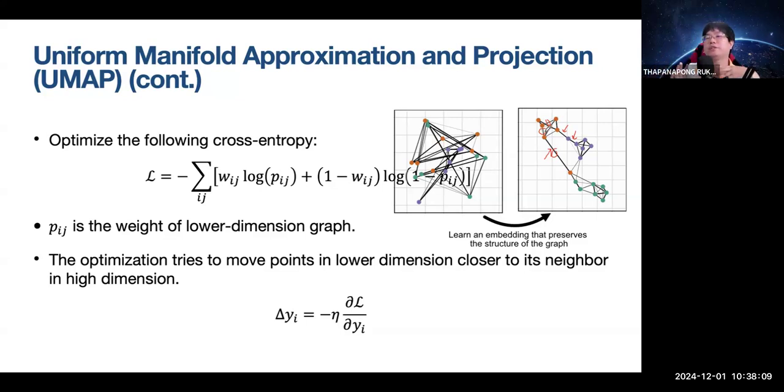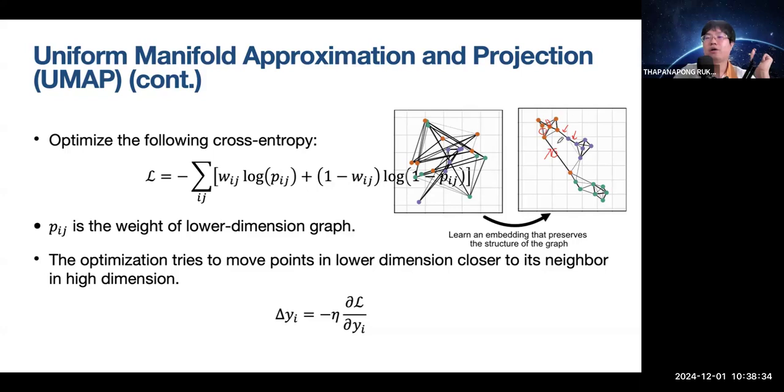You can think of this as an extension to t-SNE, because in t-SNE you compare almost every point, you compute the pairwise, but for UMAP, you only look at the k neighborhood.